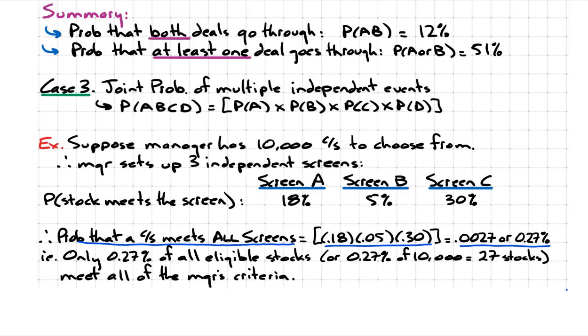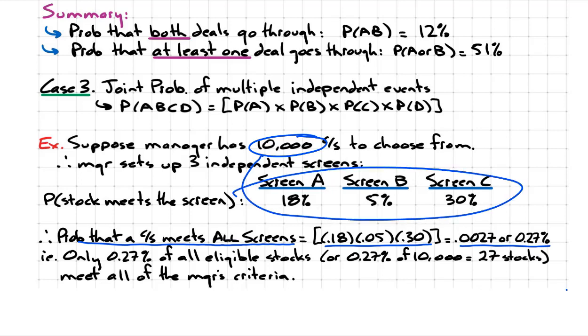So again, ladies and gentlemen, do you see the difference, the interpretation? There's 10,000 stocks. Out of the 10,000 stocks, 18% can meet screen A, 5% can meet screen B, and 30% of that same 10,000 stocks can meet screen C. But the question says, what's the probability that the stock will meet all the screens simultaneously?